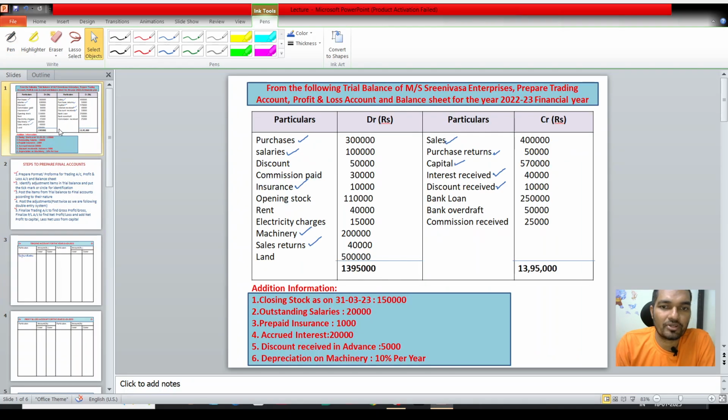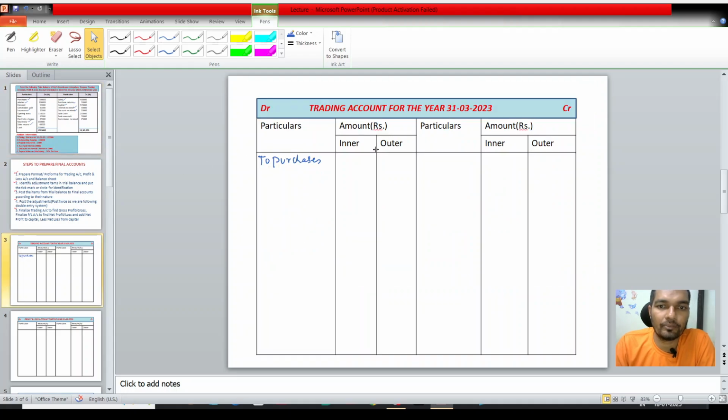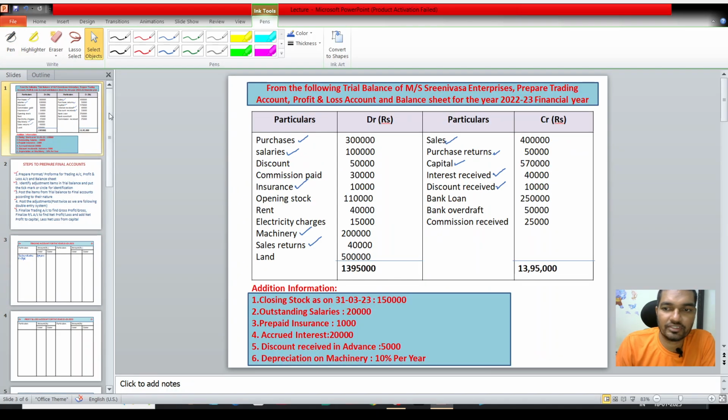The amount of purchases is 3 lakhs, and the returns are 50,000 rupees. So first show the purchases amount of 3 lakhs in the inner column, because purchase returns we have to subtract, right? So minus purchase returns of 50,000 rupees.